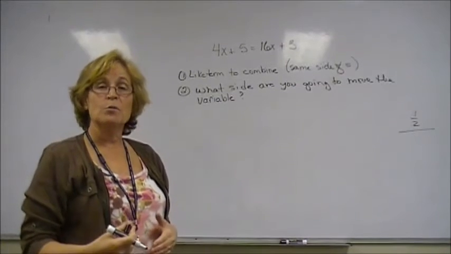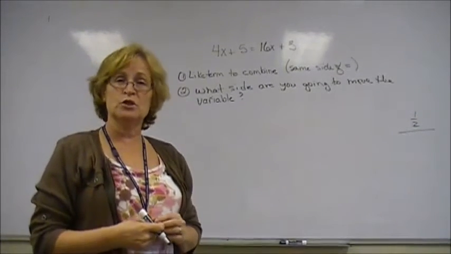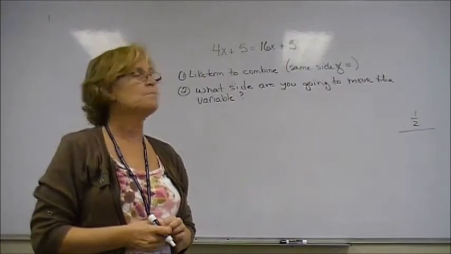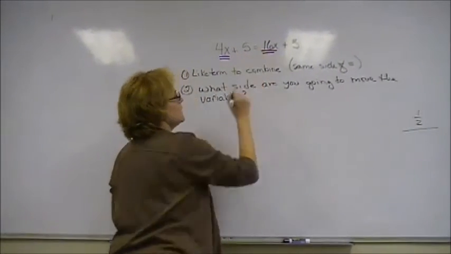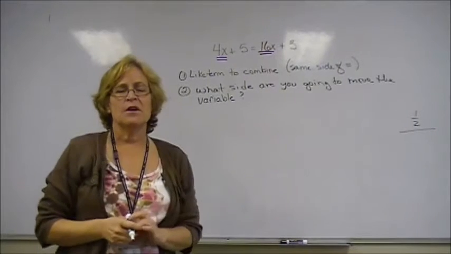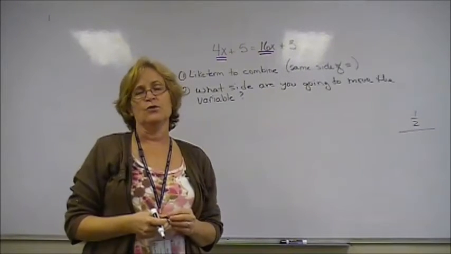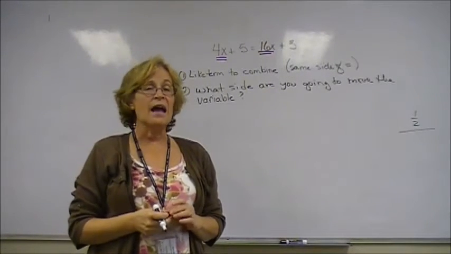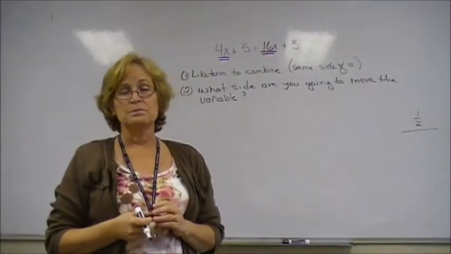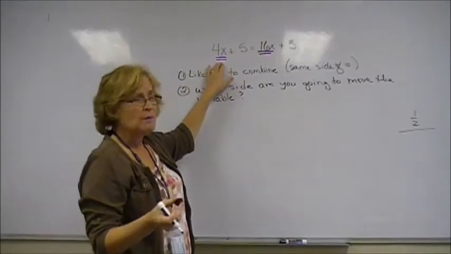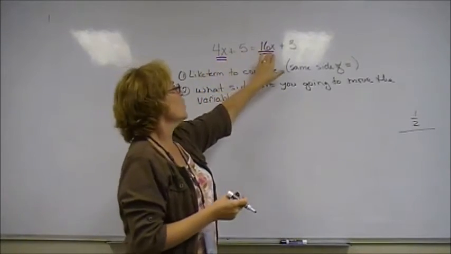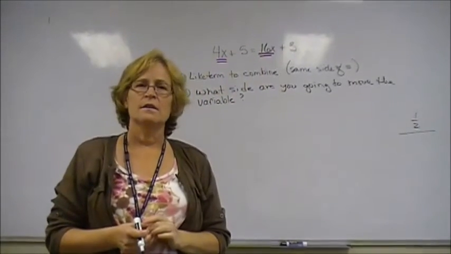So if there's a variable on both sides, you get to choose which side you want to move the variable to. I have 4x and I have 16x. Well, I have to be very honest with you. I do not like to use negatives because I have a tendency to drop a negative. So in that case, I would probably take my 4x over to the other side.